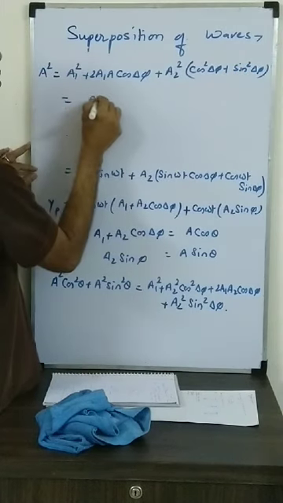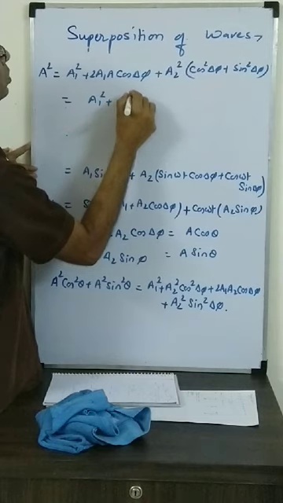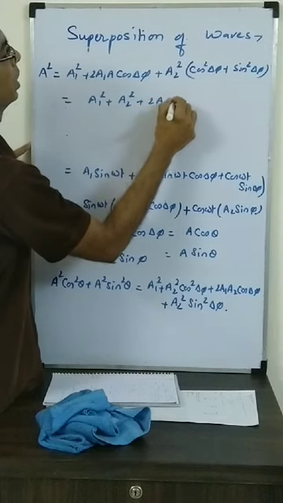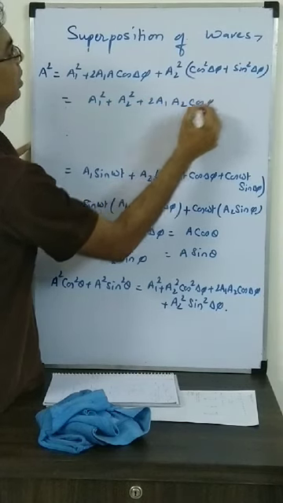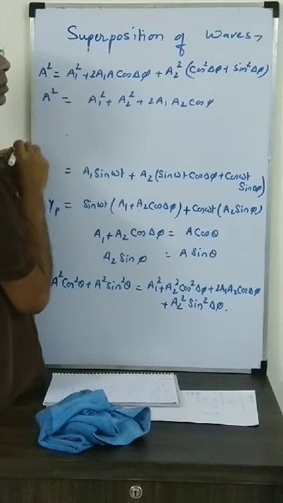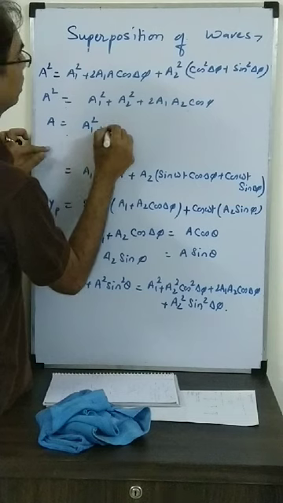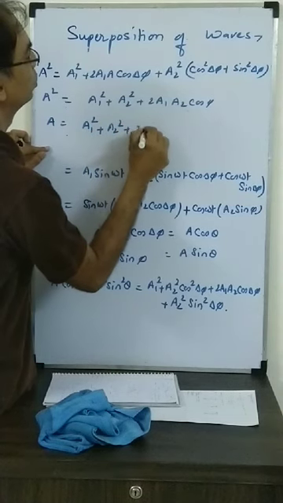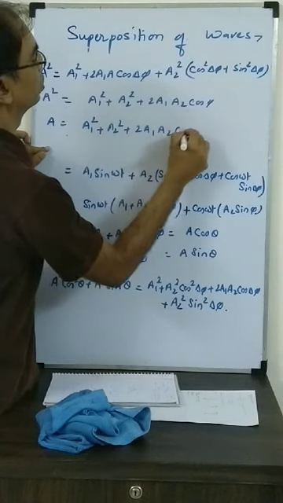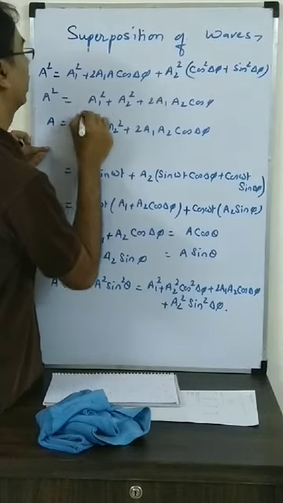What we are getting is A1 square plus A2 square plus 2 A1 A2 cos delta phi. That's the resultant amplitude, or A equals the square root of A1 square plus A2 square plus 2 A1 A2 cos delta phi.